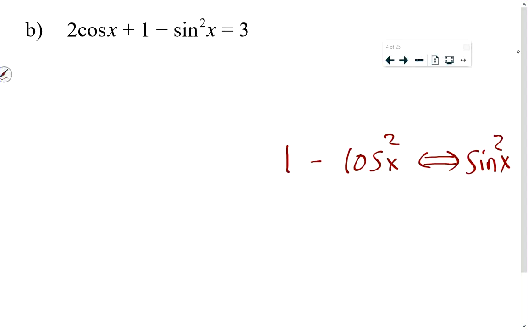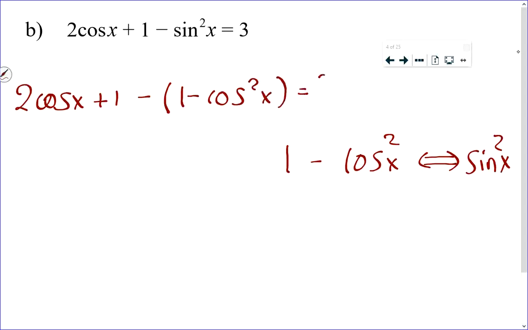So we're going to replace the sine squared with 1 minus cos squared. And of course, you're subtracting sine squared, and since it's a binomial, 1 minus cos squared, you need a set of brackets there.